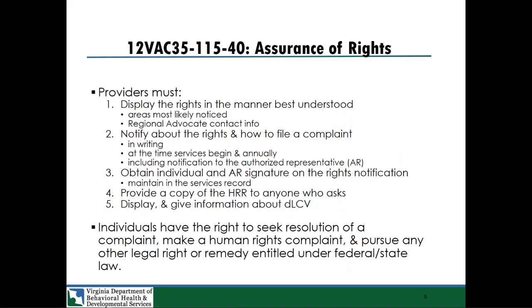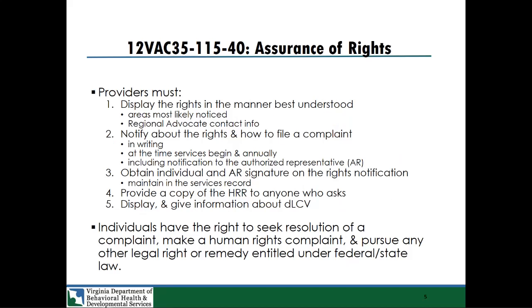So already we've talked a lot about assured rights, or guaranteed rights. Remember, the assured rights of individuals receiving services are the foundation of the human rights regulations. Think of Section 40 as the companion to Section 20. In Section 40, we begin to see provider responsibilities and the effort to assure individuals' rights.